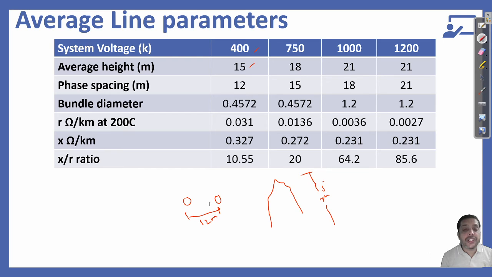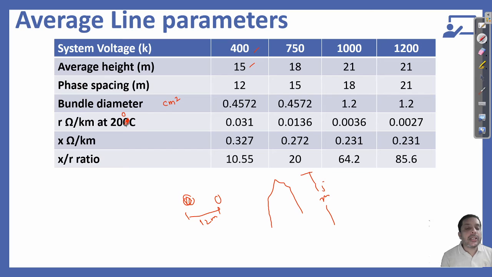It is a bundled conductor, and the diameter of the bundled conductor will be 0.457 centimeter square.